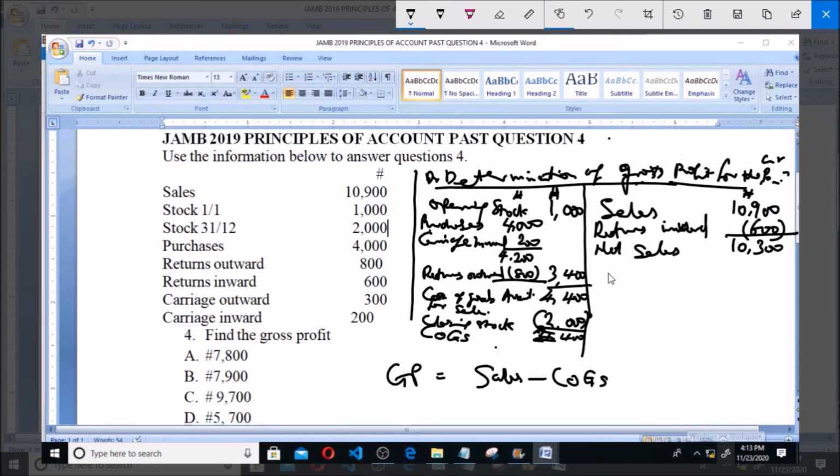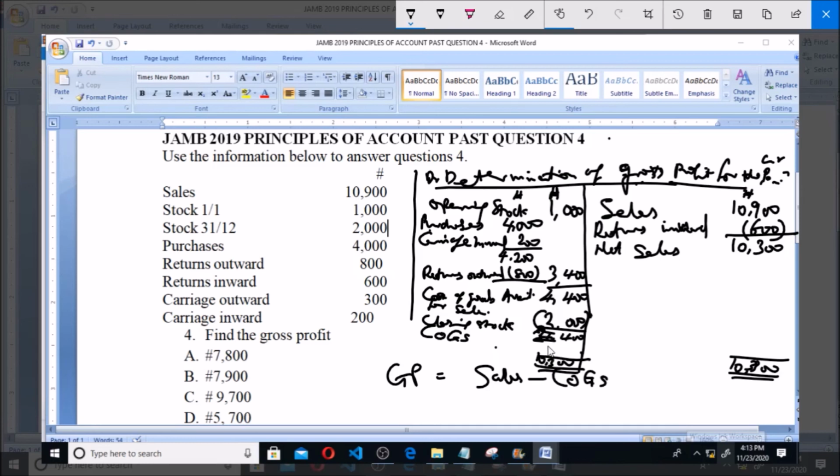Now, to get our gross profit, our credit side is higher than our debit side. That is why we're making a profit. Assuming it went the other way around, we would not be talking about profits. Since the credit side has a total of 10,300, this 10,300 is greater than 2,400.